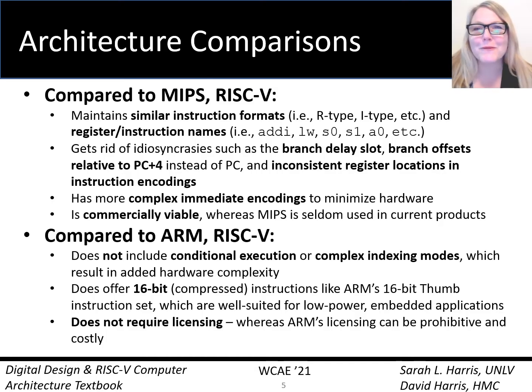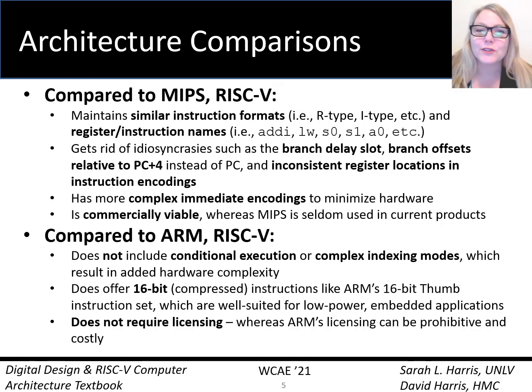So let's do a bit of a comparison between RISC-V and other architectures. MIPS is one of the architectures that we've written about before. Very much related, it maintains a similar instruction set format. So R-type, I-type, the formats of the instructions are very similar, or at least the categories of them.